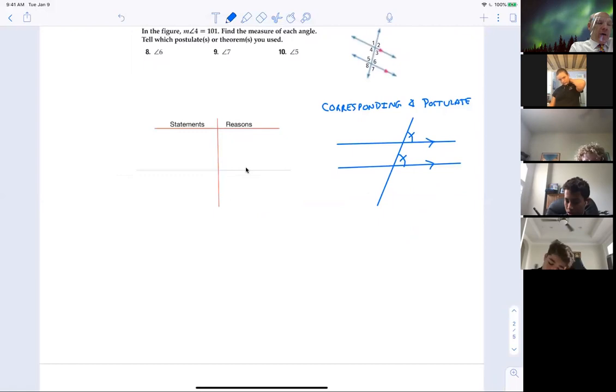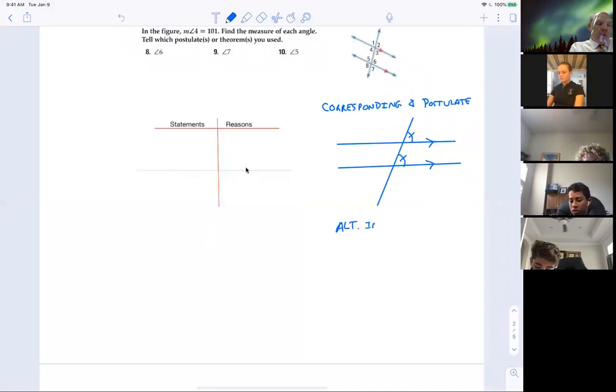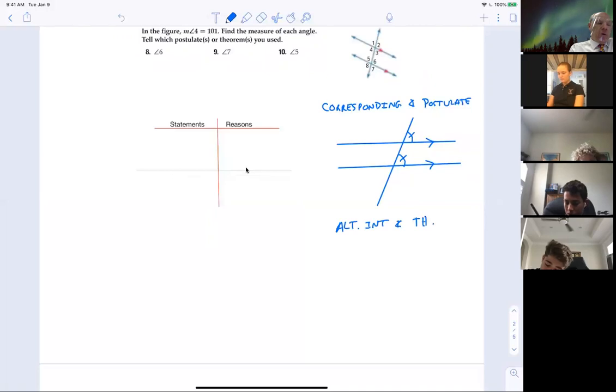Then we're going to have what's called the alternate interior angle theorem. And what does the alternate interior angle theorem say? If two lines are parallel, then what? Alternate interior angles are what? Congruent. Is everybody hearing me? Right?